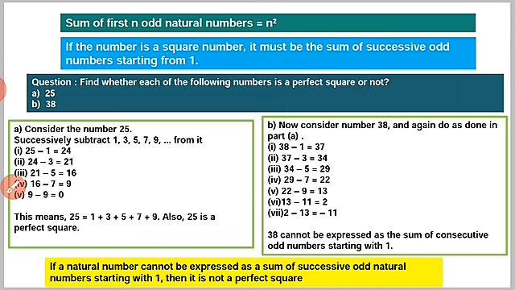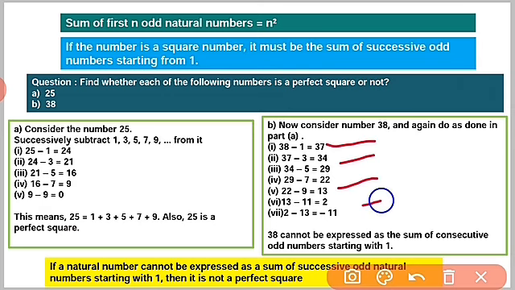Let us see 38 is a perfect square or not. If I subtract successively 1, 3, 5, 7, 9 from the number, do I get 0 anywhere? See. Exactly, when I subtracted 11 from 13, I get 2.